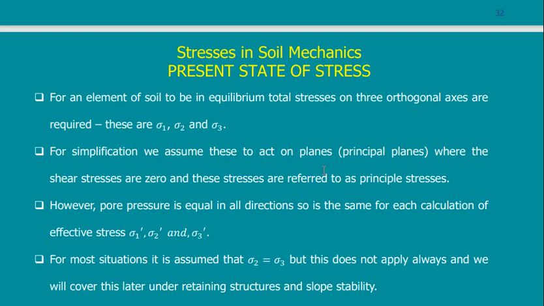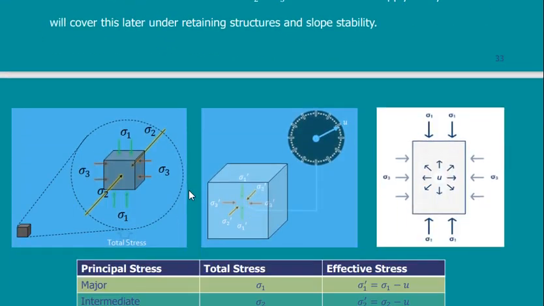So if I have an element in soil, it is affected by 3 stresses. We can look at this drawing. This is an element. This element is subjected to sigma 1. It's vertical. But plus this sigma 1, I have sigma 2 horizontally and sigma 3 also horizontally, but in another perpendicular direction.